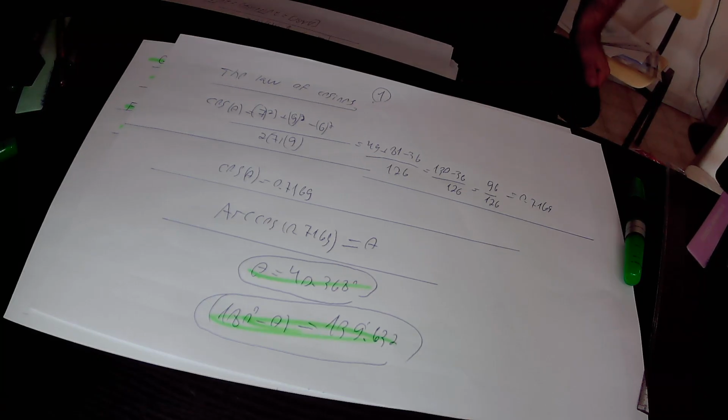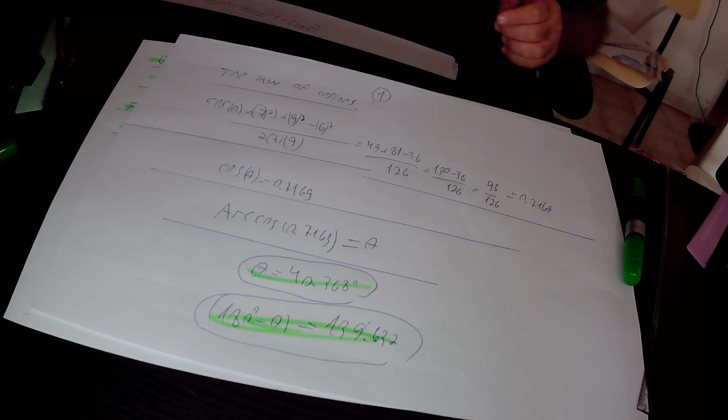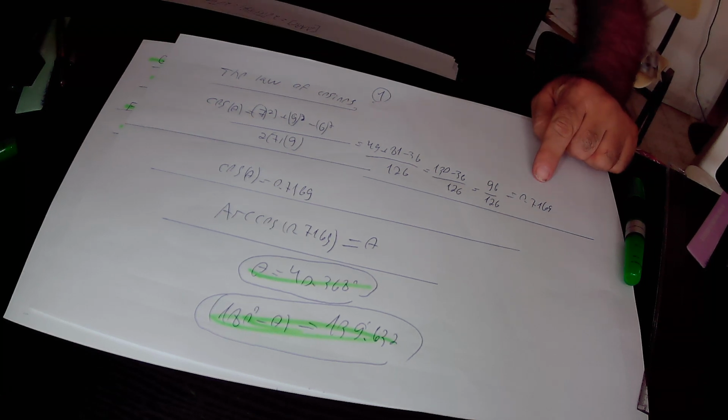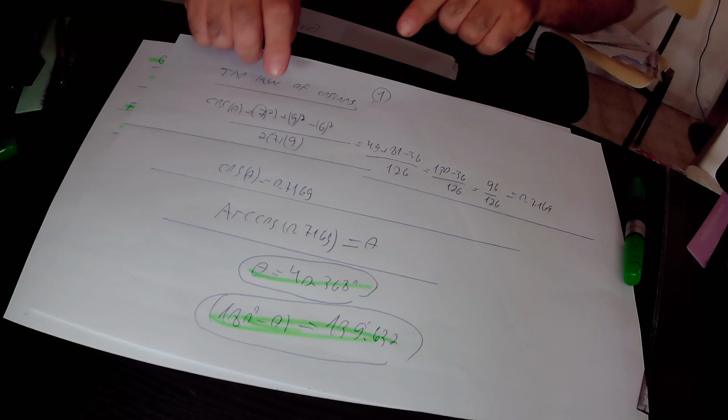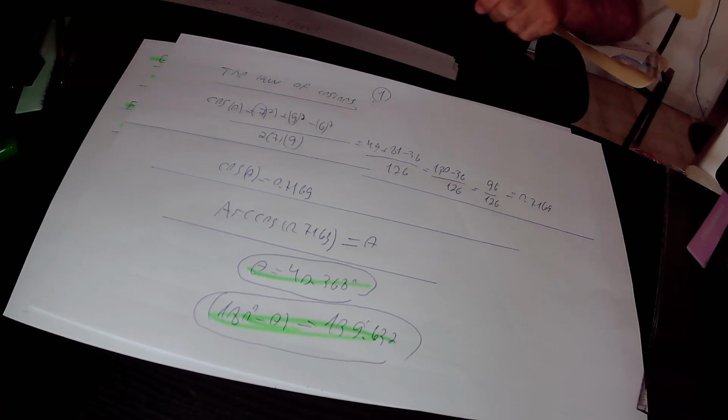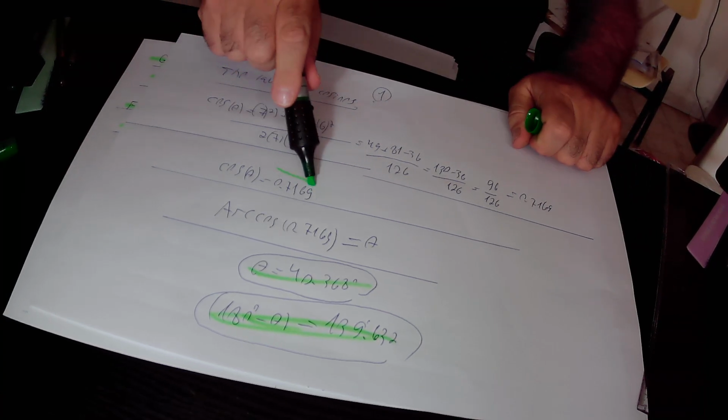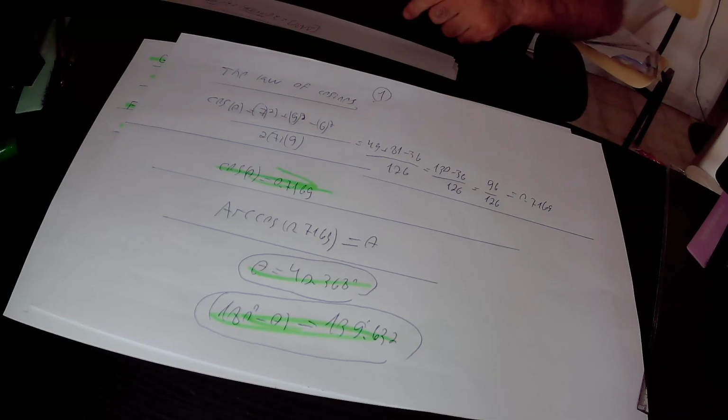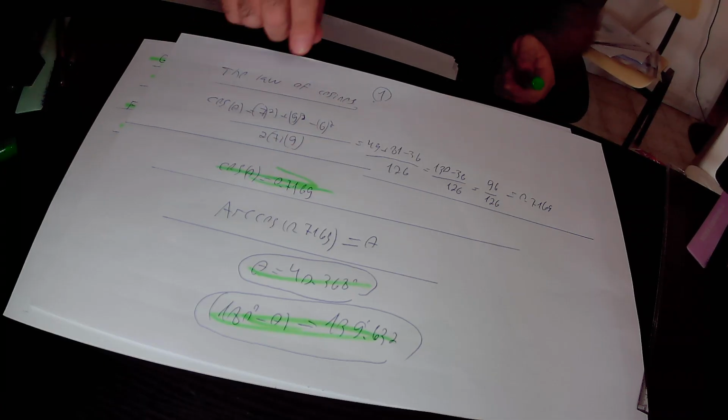And 96 over 126 is 0.7619. So in total we found out that cosine theta equals 0.7619. We would like to find the value of theta itself.